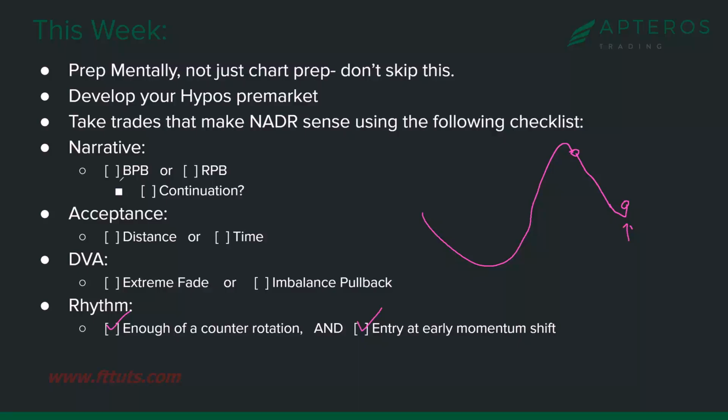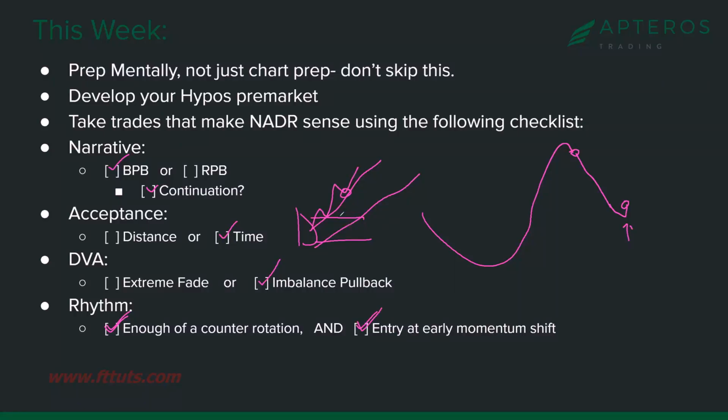So I might take a breakout pullback continuation play with time acceptance where I got an imbalanced pullback and I had enough of a rhythm and enough of a momentum shift. And that would look like breakout pullback, but it's already occurred and our DVA is here and I took this trade.